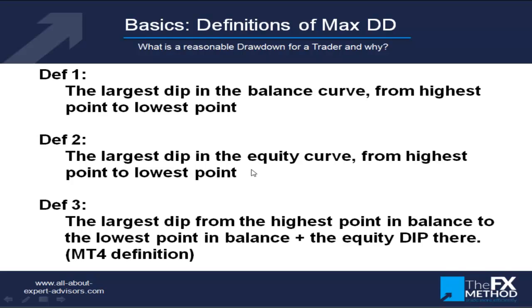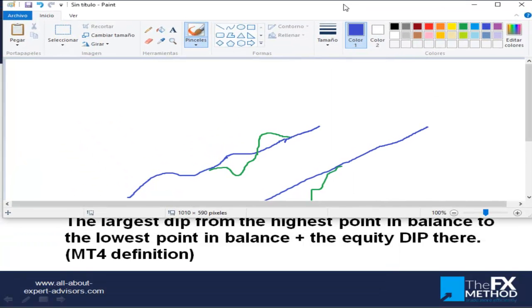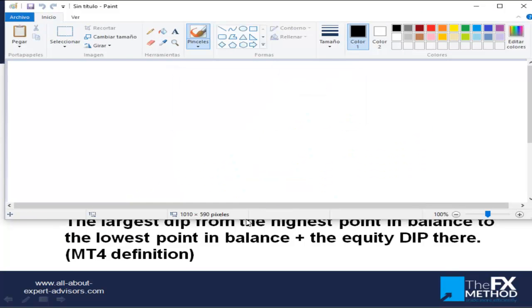And the third definition is the one that MetaTrader is using. Many people don't know that actually, but MetaTrader uses a very unique definition for drawdown, especially for the maximum drawdown. So the definition of MetaTrader is the following. They take the blue curve, the balance curve, and from the highest point, let's say you went into a dip here, and imagine on the lowest dip you had 1 or 2 trades floating against you.